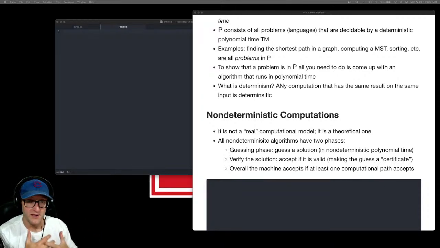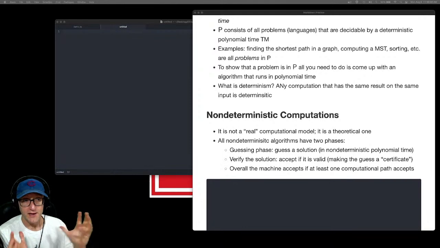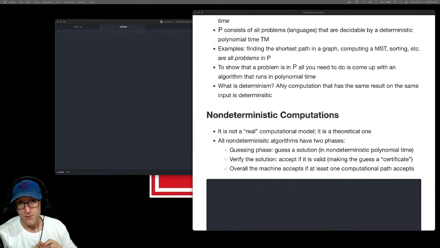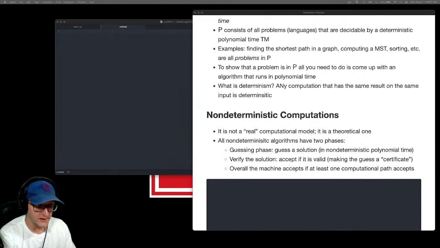That's why it's not a real computational model, but it is a theoretical one, and it turns out to be a powerful theoretical one because it encapsulates exactly our notion of an existential quantifier in logic. You might also be thinking about a universal quantifier, for all x, does the predicate hold? That's a complexity class called co-NP that we won't get into here, but this does allow us to define NP.